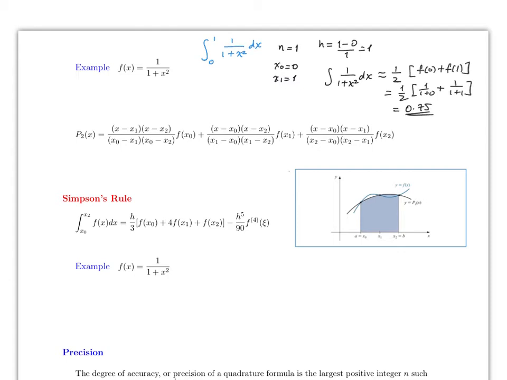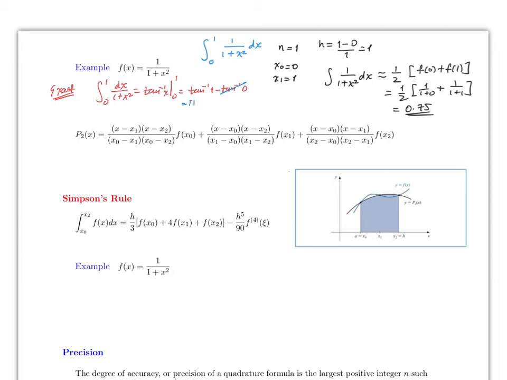Okay. Now, let's compare that with the exact solution. Remember, the integral from 0 to 1 of 1 over 1 plus x squared is just tangent inverse of x from 0 to 1, which is equal to tangent inverse of 1 minus tangent inverse of 0. This part is 0.